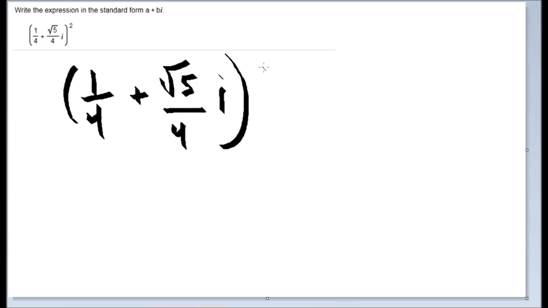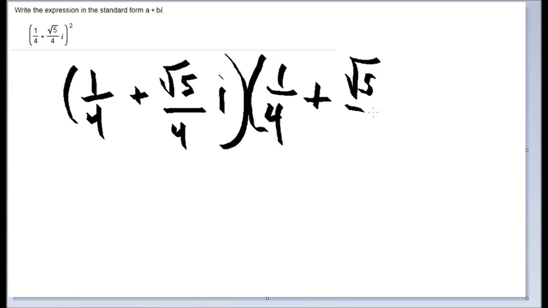And then we'll go ahead and make another one. Okay, so there we have it. And then we'll just go ahead and FOIL it. 1/4 times 1/4, that's 1/16.